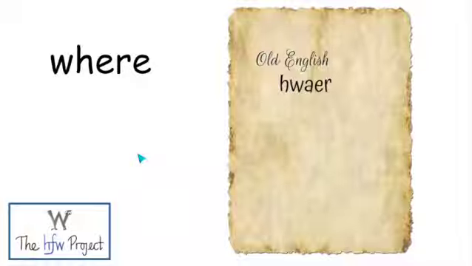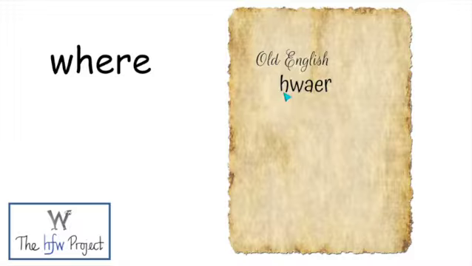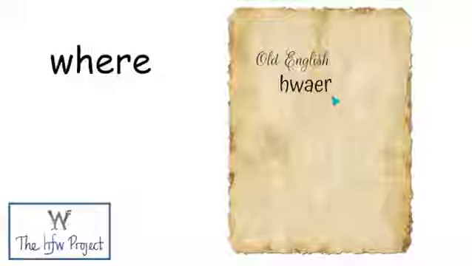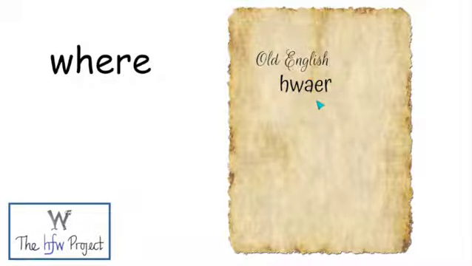we can go back into the Old English spelling. And in fact, any of these words, where, when, what, in Old English would have actually been written with the H before the W. And it would have been pronounced that way. Where, I guess. Again, I don't speak Old English. But I want you to notice a couple of things. That the air part that we hear at the end is part of that Old English spelling.